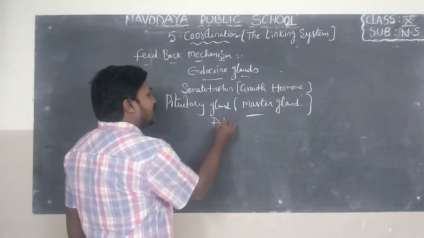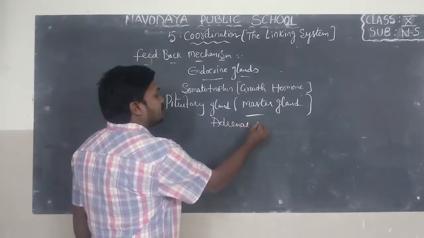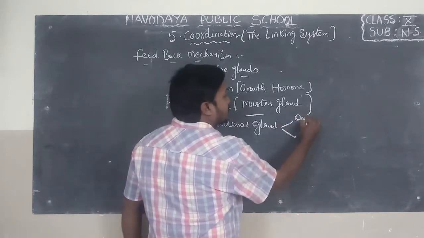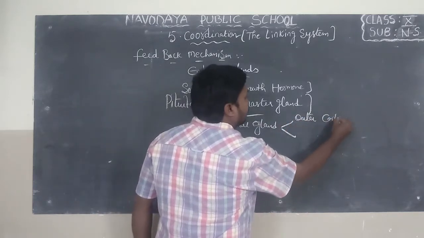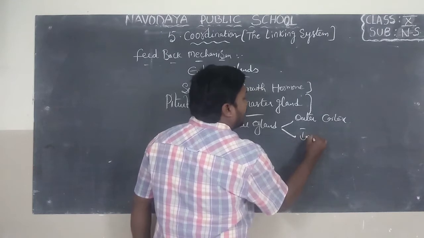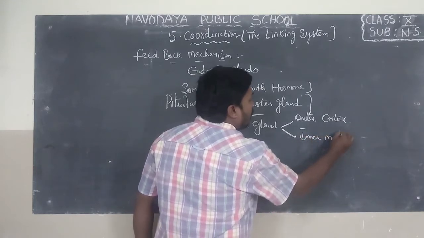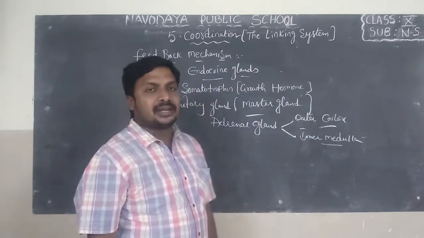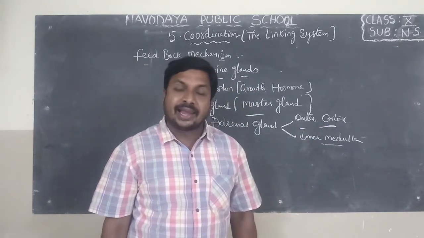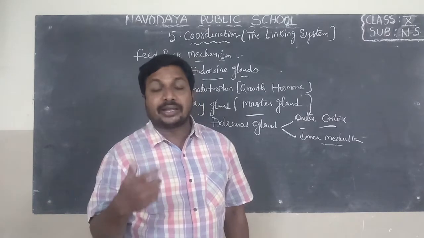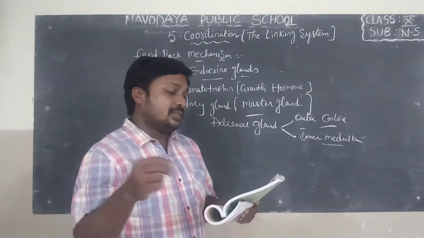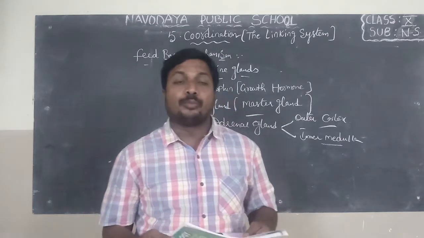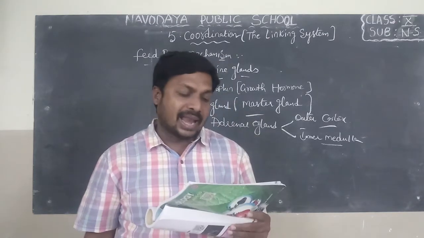In the adrenal gland, as I explained in the previous class, we can find two parts, the outer cortex and the inner medulla. Cortex releases some hormones, medulla releases some hormones. Cortex releases two hormones, cortisol and aldosterone. These secretions are stimulated by the adrenocorticotropic hormone.